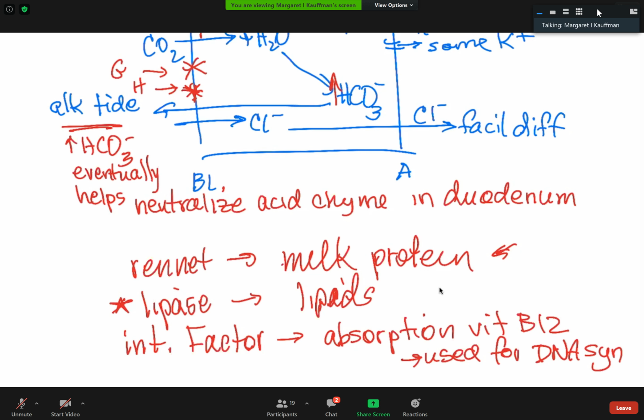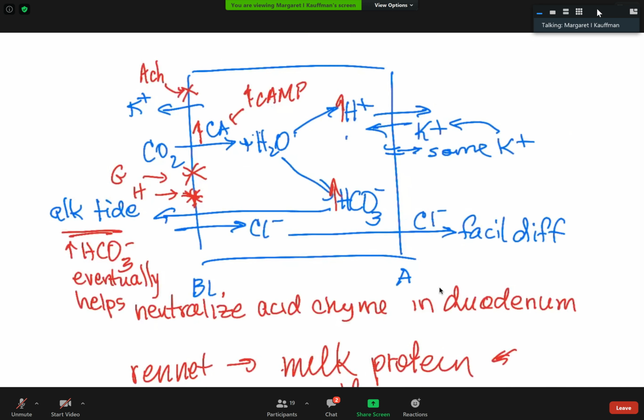So where we're going next is to start looking not just at the secretions, which as I just pointed out are both neurally regulated through acetylcholine and hormonally regulated, but motility of the stomach. Remember, the stomach has 3 layers of smooth muscle in its muscularis externa, and then the muscularis mucosa.